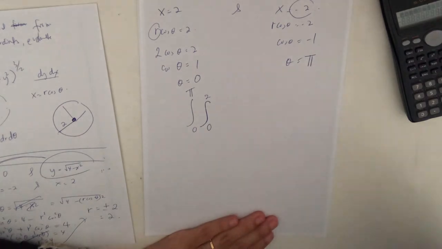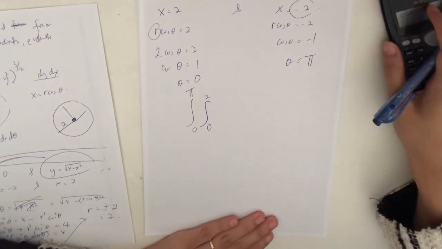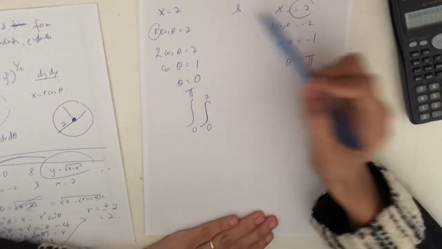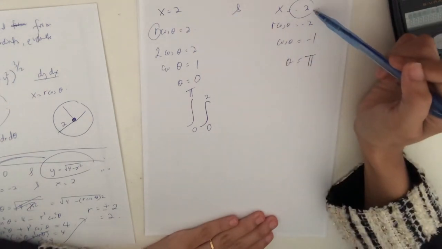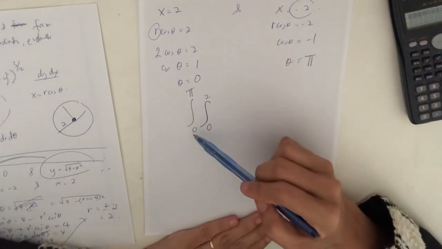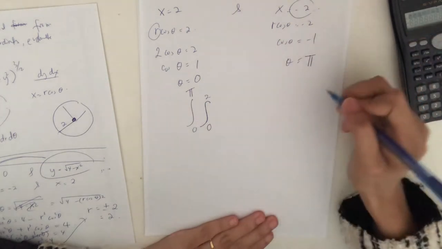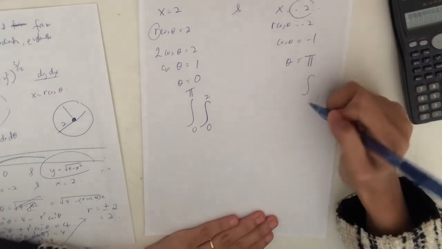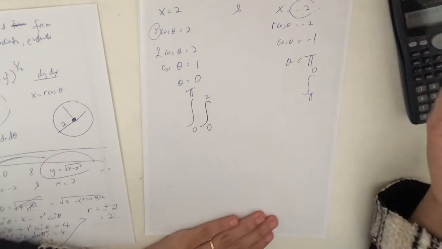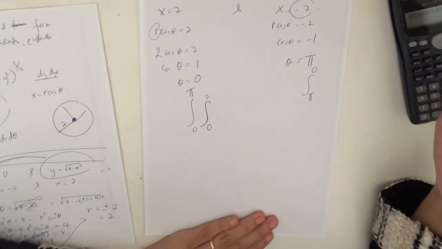So maybe some of you will ask. Your lower limit for x just now is negative 2, your upper limit is 2. But for y here, maybe some of you will ask, suppose pi to 0.